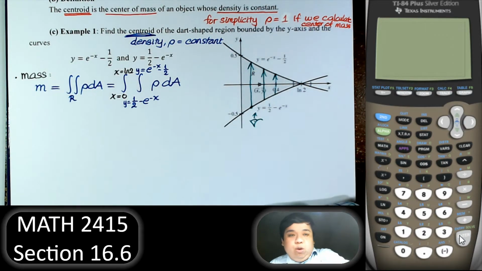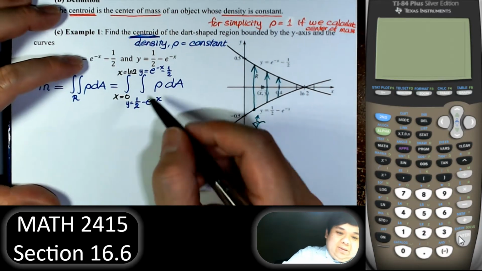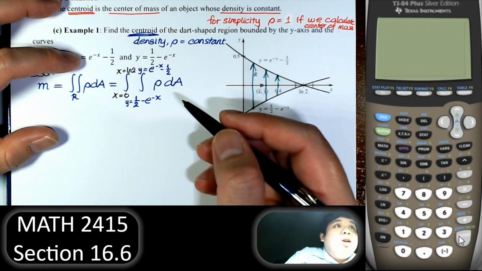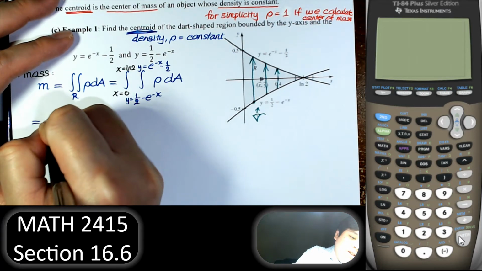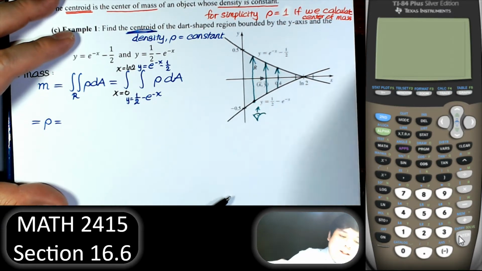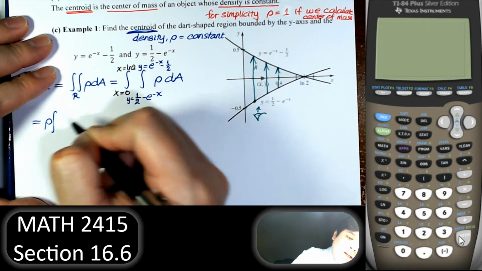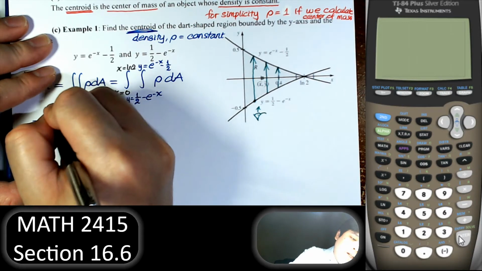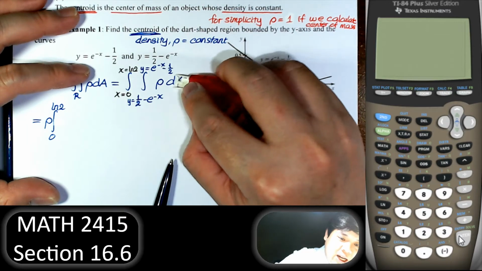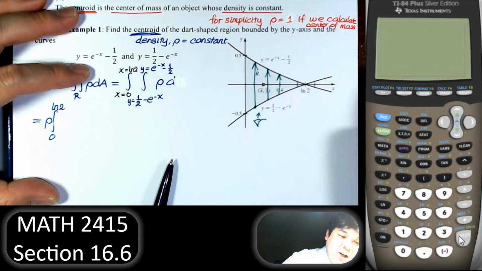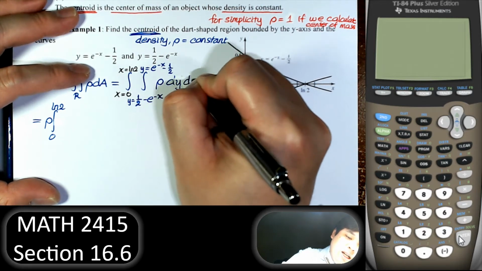We cannot use Fubini's theorem here because the limits are not constant, and there's x in it, so too bad. The rho is constant, so I will take it outside. Integral for x from 0 to ln of 2, and sorry, it's not dA anymore. Once we specifically write y inside and x outside, the integral will be dy then dx.